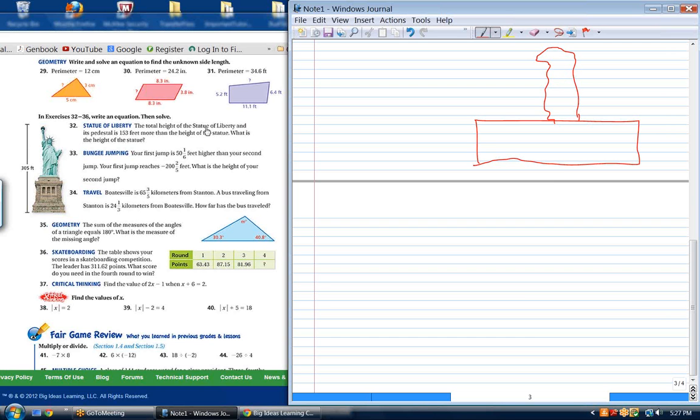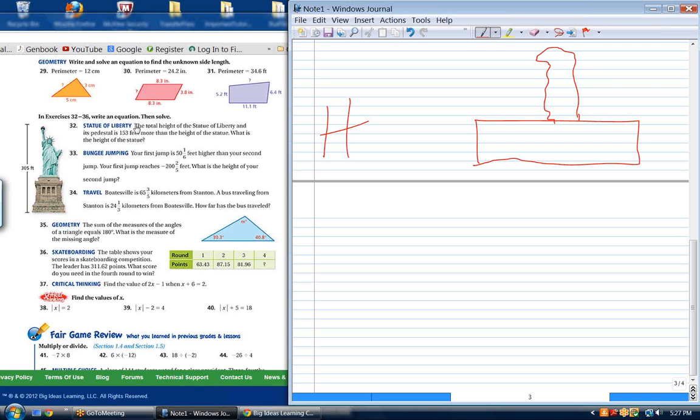What's our variable? Our variable is the height of the statue. And you can almost always get that by looking at the very last sentence. Whatever that last sentence is asking for, that's going to be our variable. We don't have to let it be x, let's let it be h.